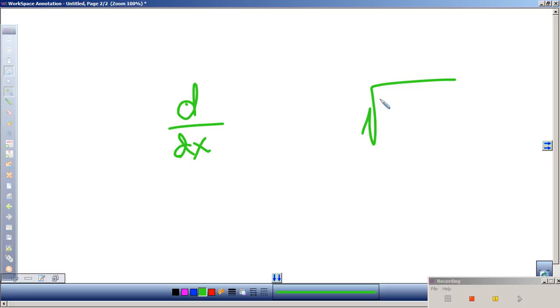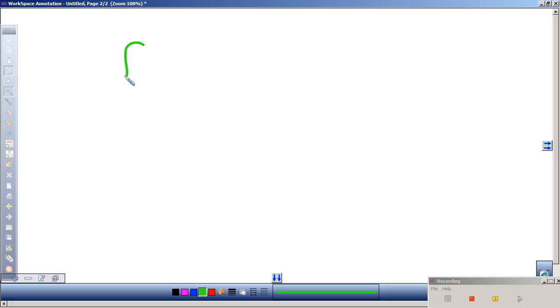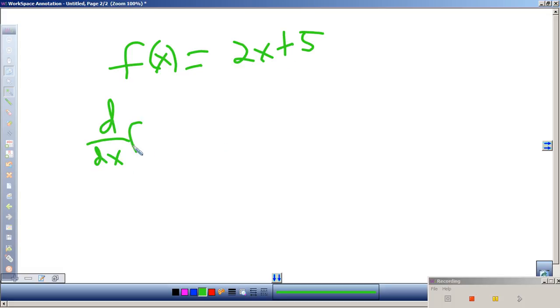Take something we've done, f of x equals, say, 2x plus 5. If I want the derivative of that, I could say d dx of f of x. What's it going to equal? Anybody know without having worked through the whole process? 2.